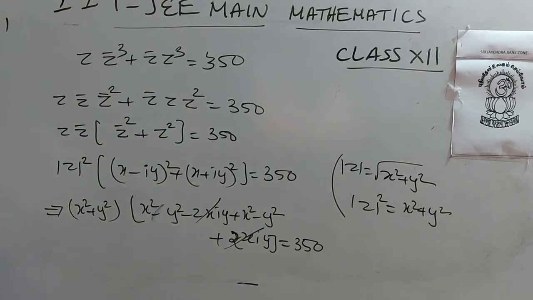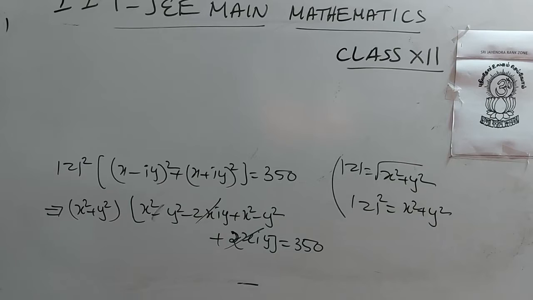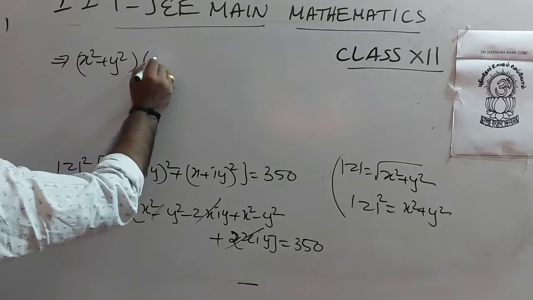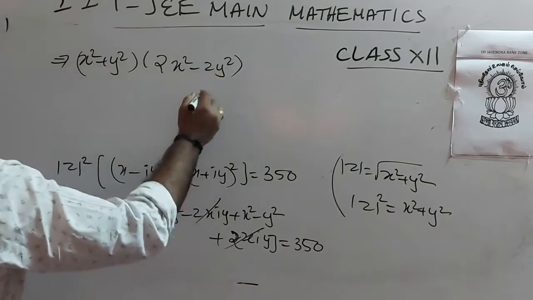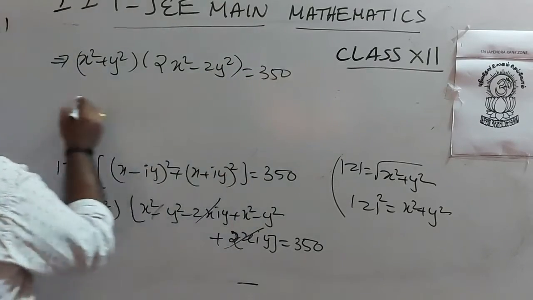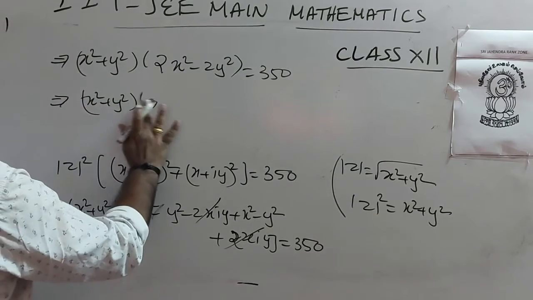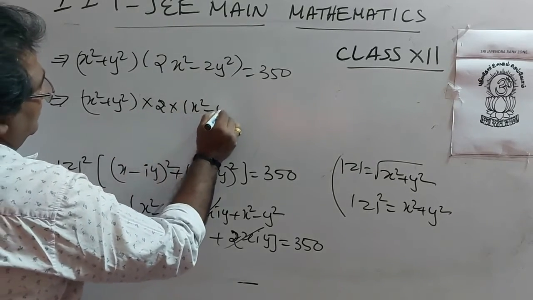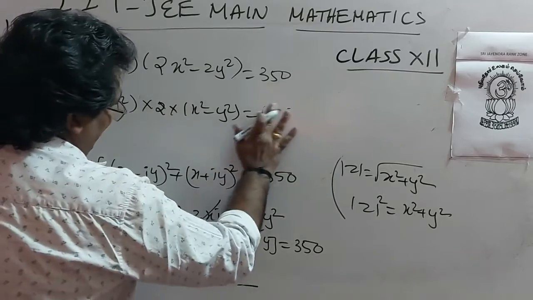This will be cancelled. x squared plus y squared into 2x squared minus 2y squared equal to 350. x squared plus y squared into 2 into x squared minus y squared equal to 350.